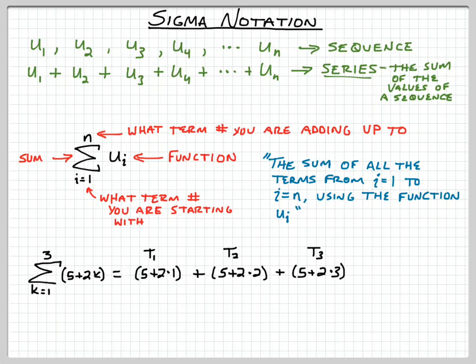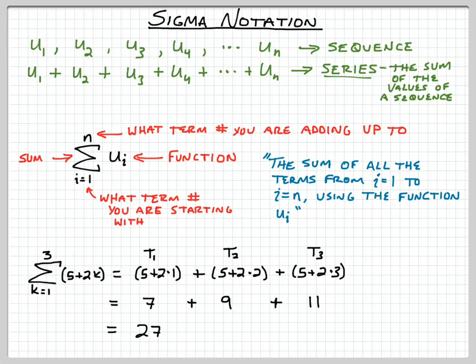So we use that function for each of the terms from k equals 1 to k equals 3 to come up with values. Those values are 7, plus 5 plus 2 times 2, that's 9, plus 5 plus 2 times 3, that's 11, and when we add it all up we get 27.